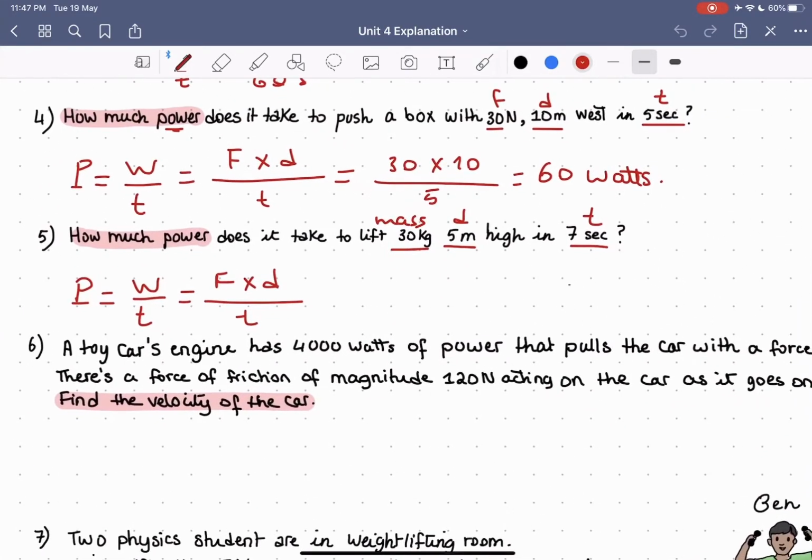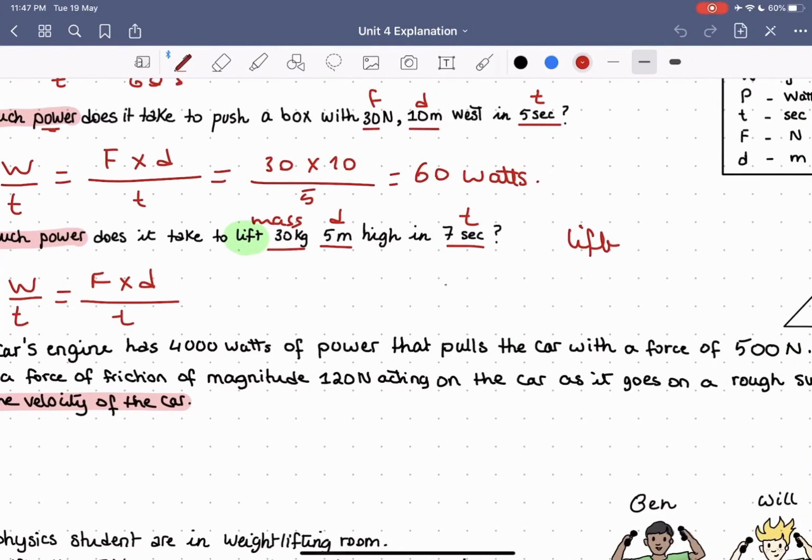But we need to pay attention to the fact that the person doing the work is lifting. And we know that in order to lift something, we need to exert a force equal to the weight, but in the opposite direction.